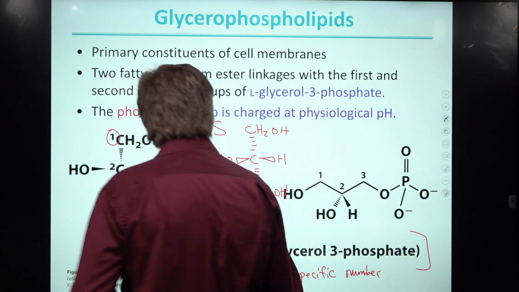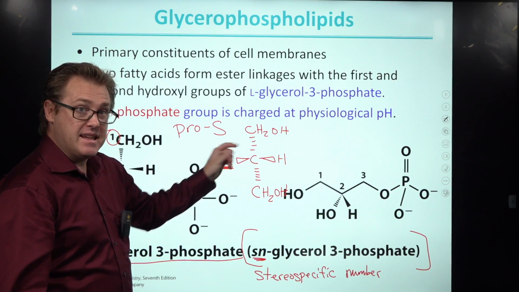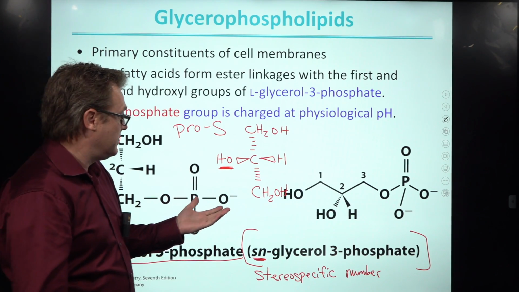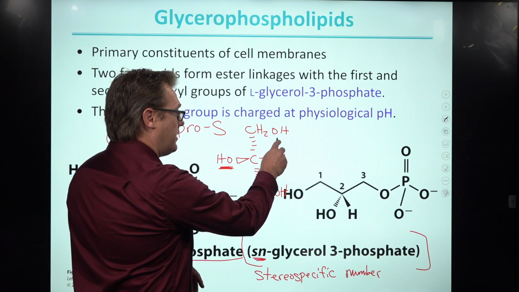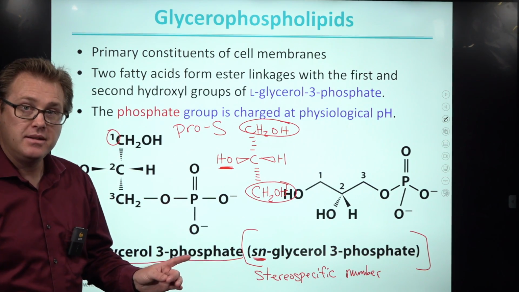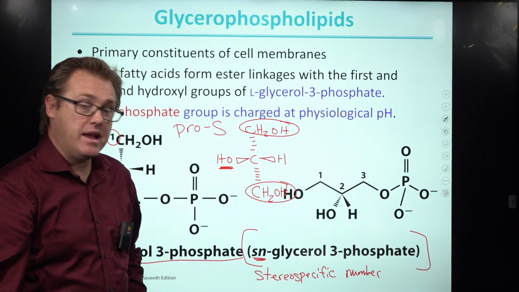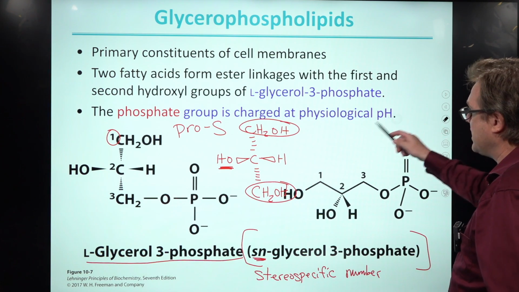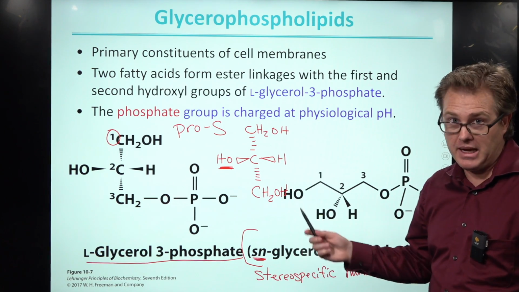Let me explain. When you take a look at glycerol, it is an achiral molecule. There are no stereocenters. However, the moment you stick something onto this piece right here or that piece, either one, it's going to become a chiral molecule. So glycerol is an achiral molecule, but it can also be termed a prochiral molecule, because if you attach something to it, it's going to be chiral.